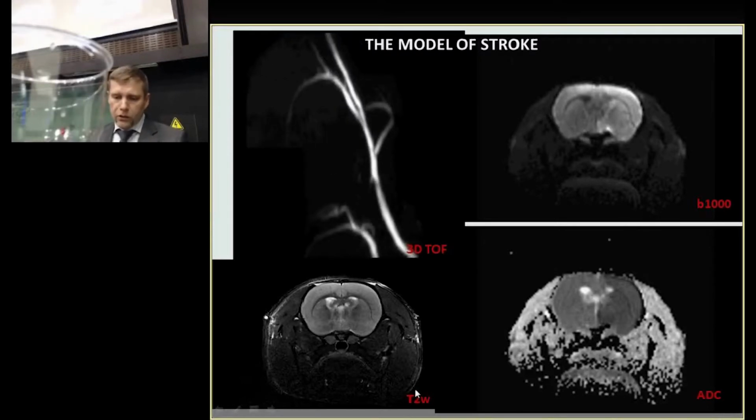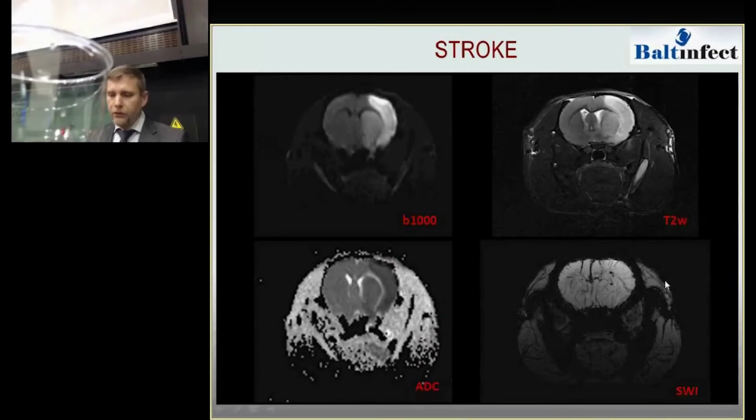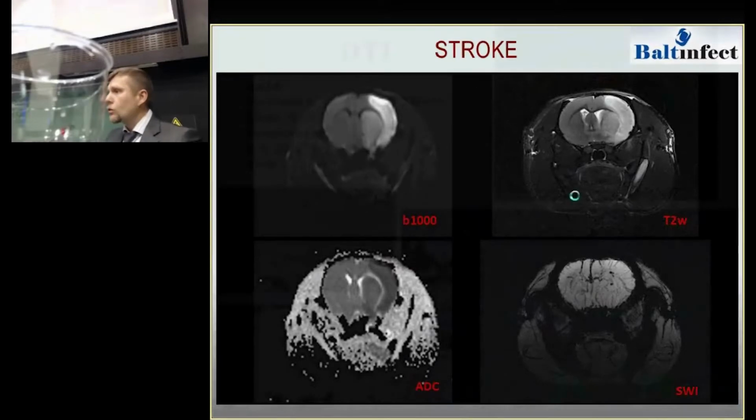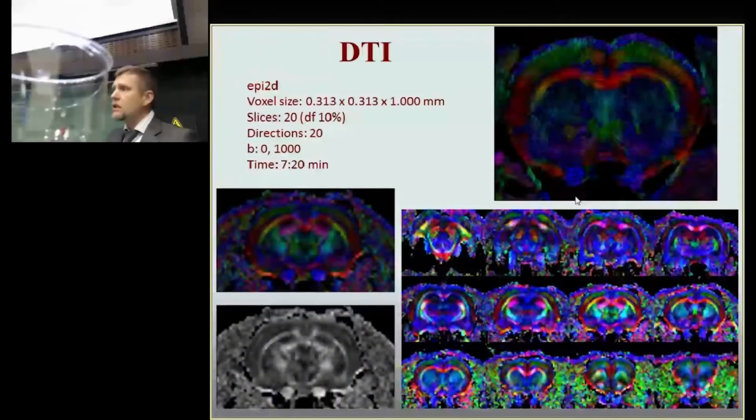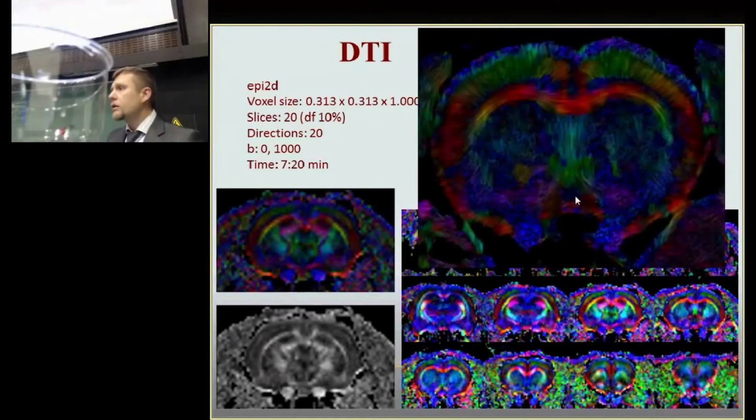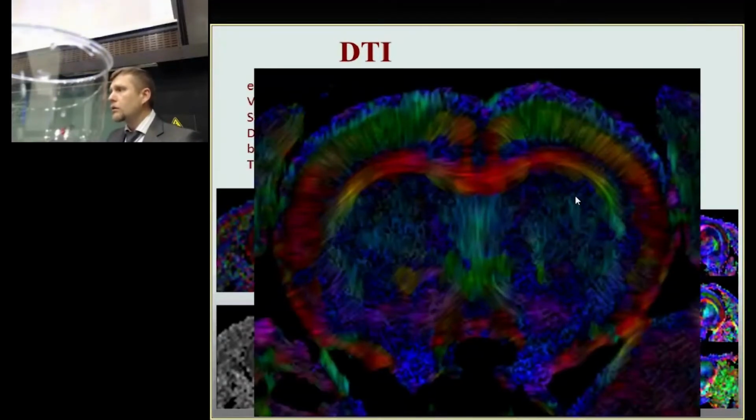So this allows early diagnosis of strokes, but after 24 hours, you can see the stroke in T2 images. In the stroke model, we use DTI tractography for reconstructing neuronal pathways.